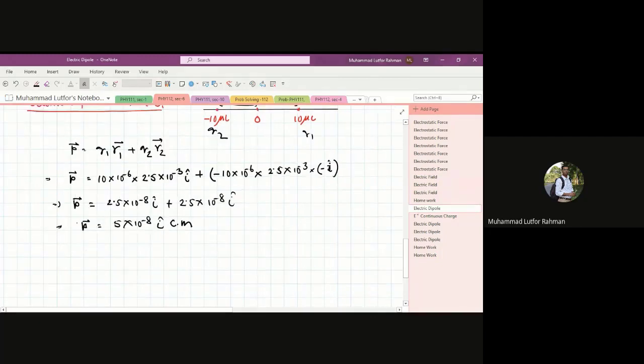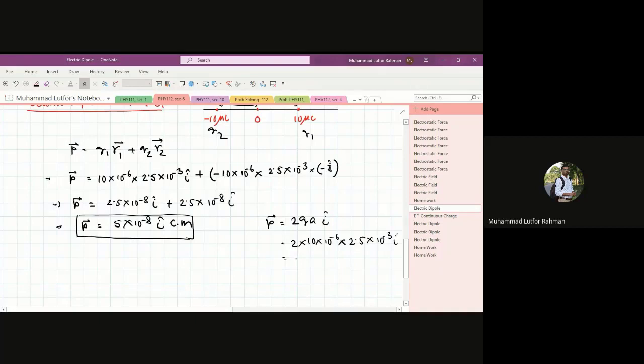So that would be basically that electric dipole moment. Now we can find that magnitude another way, the formula we gave you, right? That shortcut formula, you can verify that one. Twice QA I hat. So 2 into QA is basically 10 into 10 to the minus 6 into A, which is actually 2.5 into 10 to the minus 3 I hat.